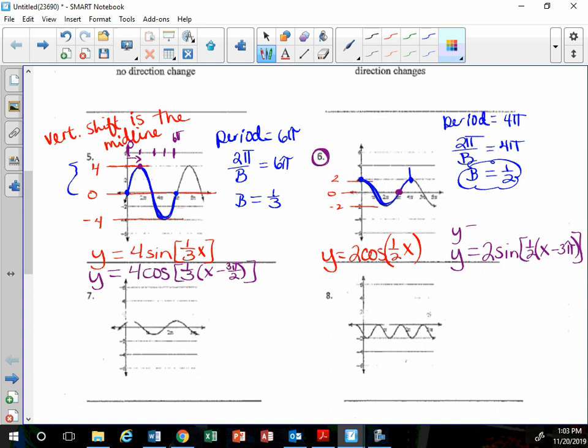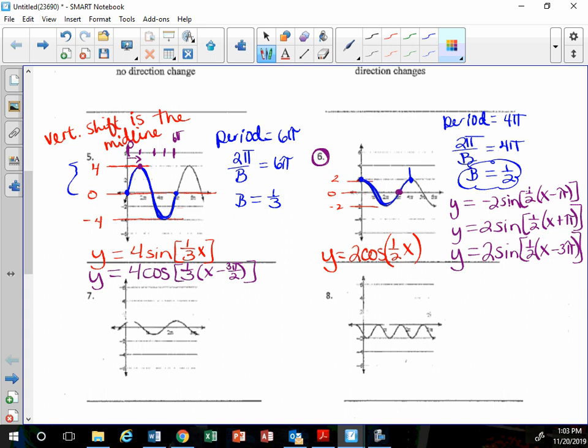You certainly could have gone left just by pi and you'd have the right thing. So x plus pi. You could have flipped the graph, so a negative in front, and then gone right by pi. So there are lots of choices for how you want to shift.